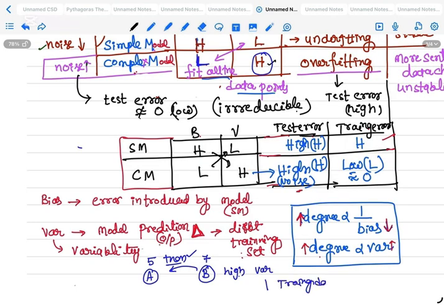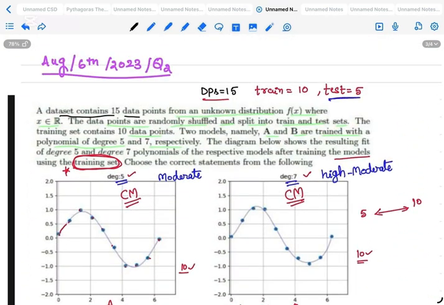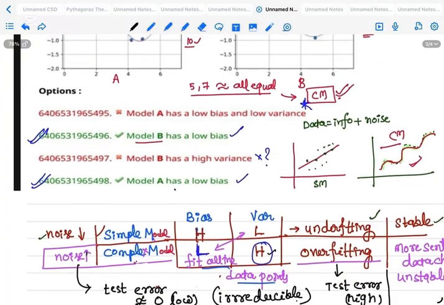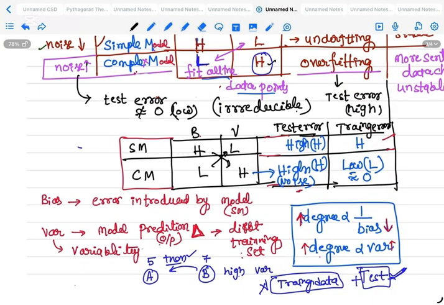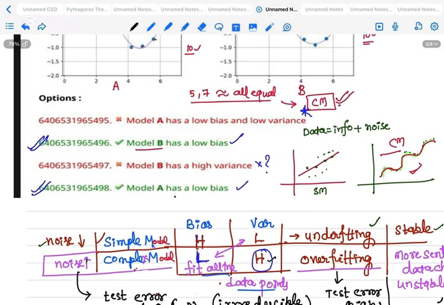From the training data alone we cannot judge whether the model has high variance or low variance. We require the test data also, the test set of unknown 5 points. Based on the test data also, we can judge whether the model has high or low variance. So the option that model B has high variance is wrong.